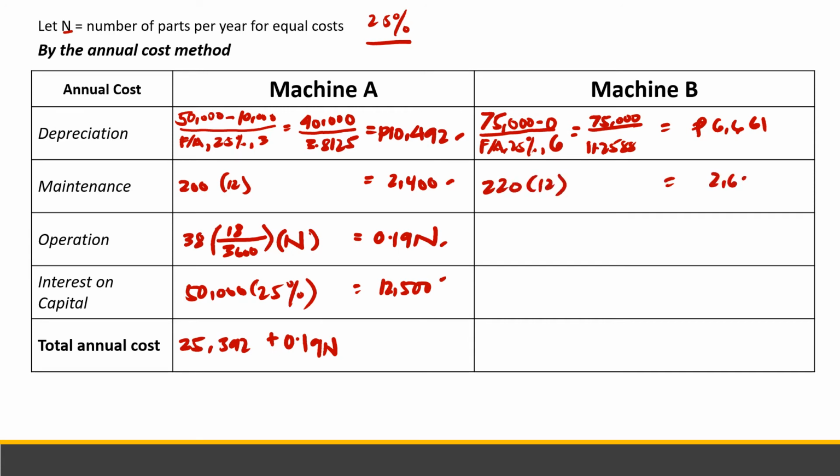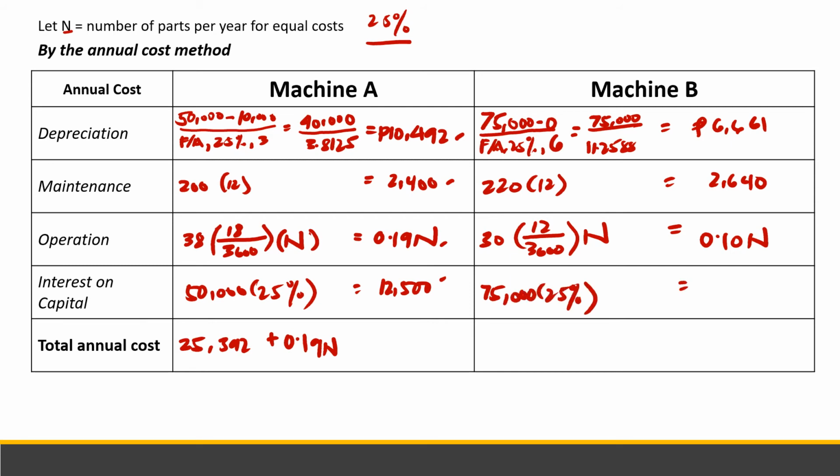So for the maintenance, meron tayong 220 multiplied by 12 months. So this is 2,640. So for operation, meron tayong 30 pesos, 12 seconds per part. So convert natin into hour. So multiplied by n. So this is equals to 0.10 n. So interest on capital, of course, 75,000 multiplied by 25%.